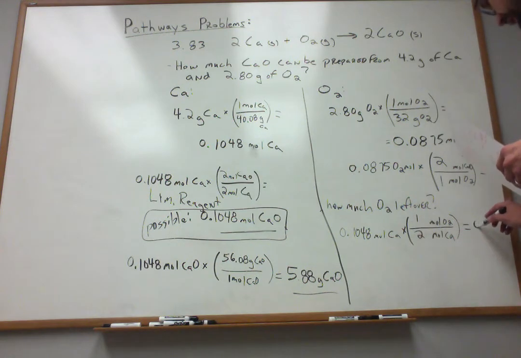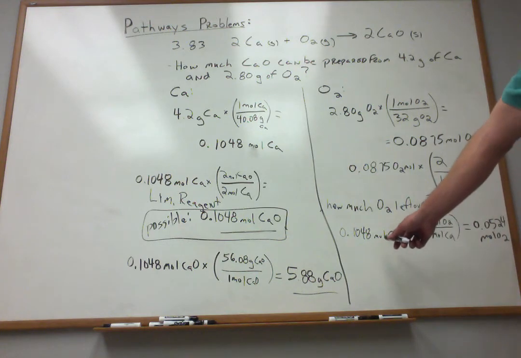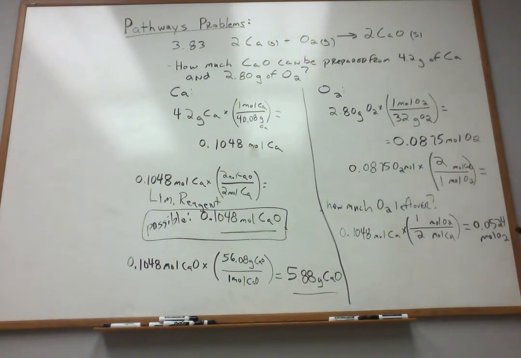Now because of that, I can then project that 0.0524 moles of oxygen was used in this reaction when this many moles of calcium reacted. So, in fact, this is how much reacted, right?